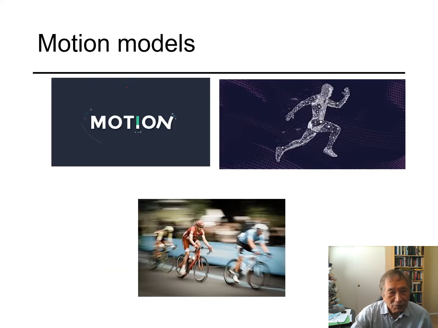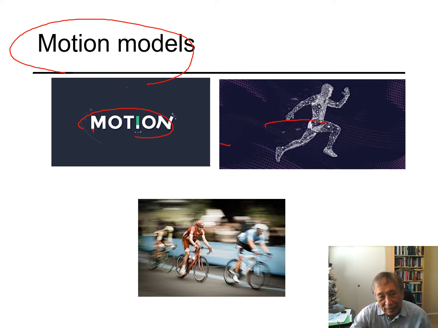So the first one is the motion model. Motion, of course, is moving. So there's kinetics. We talked about motion in previous subjects, where there's a motion field and the dynamics of those pixels. So here's a bicyclist, and because of motion, we get a blur. So motion blur we are talking about.